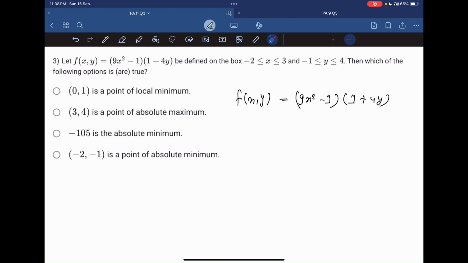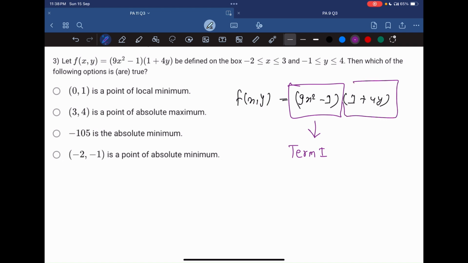So now let's call this term 1 and this our second term. This is only a function of x and this is only a function of y.